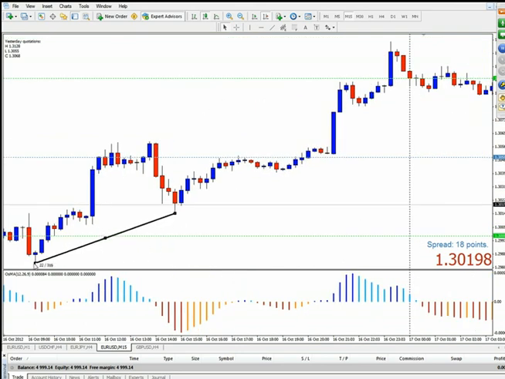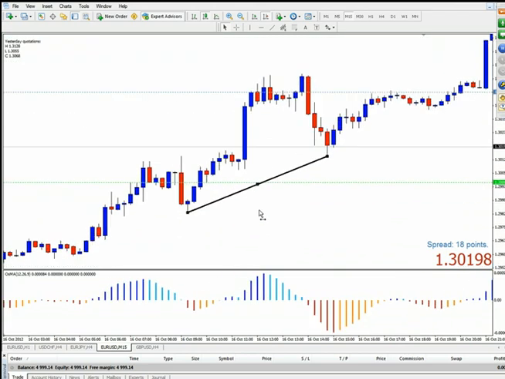Oh, the chart's jumping a bit there. There we go. From there to there, and from here to here. Now see, in this example, the market started going up, so you're waiting for a pullback. You got your first pullback. Then it went up higher, and then you got another pullback right here.